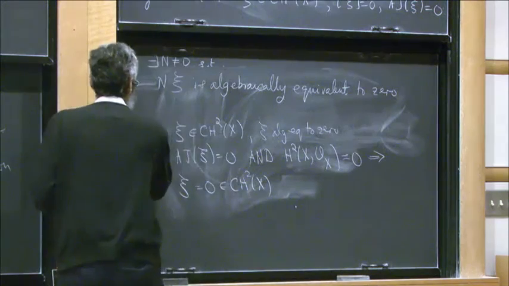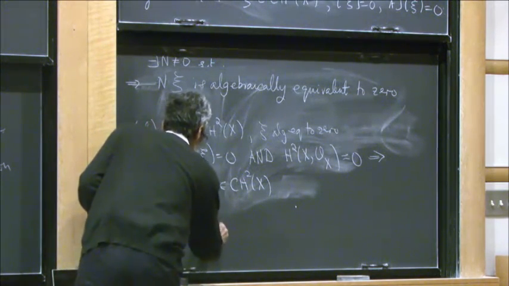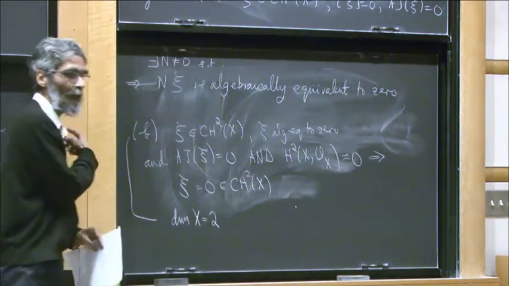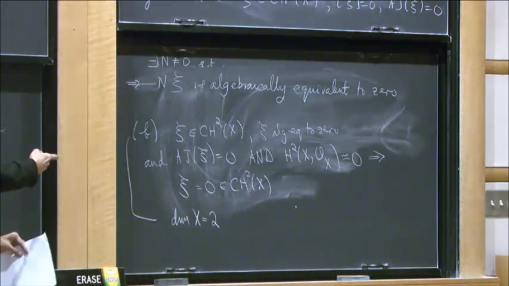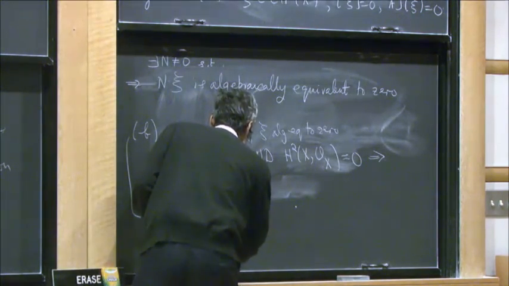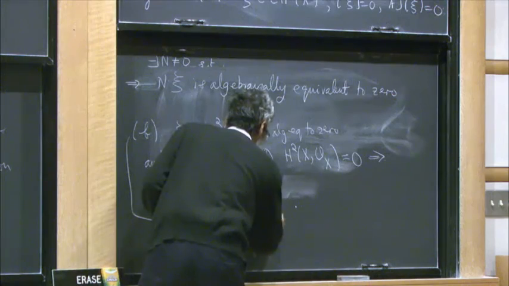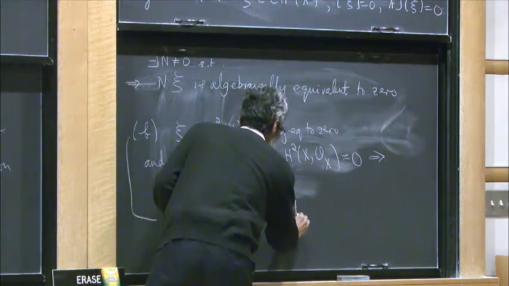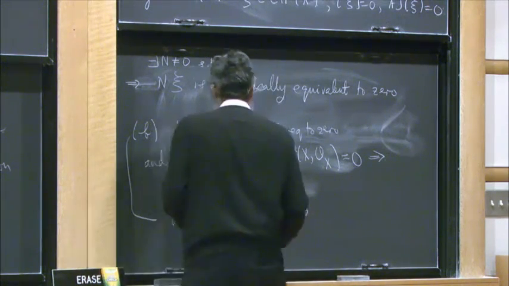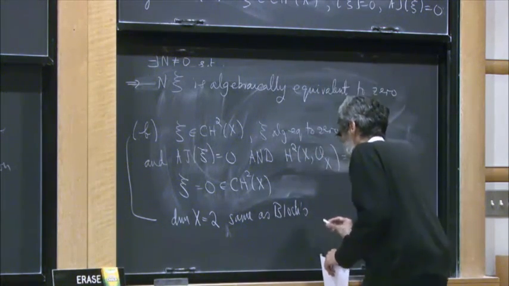So the first thing I want to say is that here, if dimension X equals 2, I never stated what Bloch's conjecture was. This is precisely Bloch's conjecture. So this is the same as Bloch's conjecture, because 0-cycles are anyway algebraically equivalent to 0 if the degree is 0.